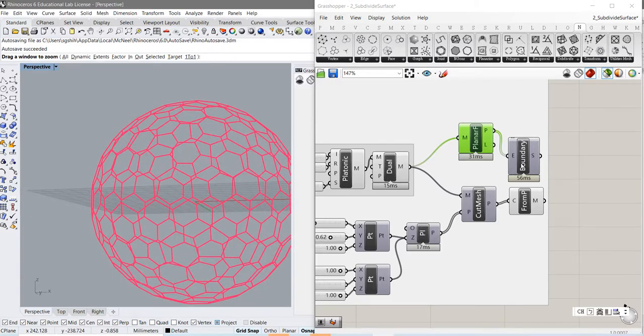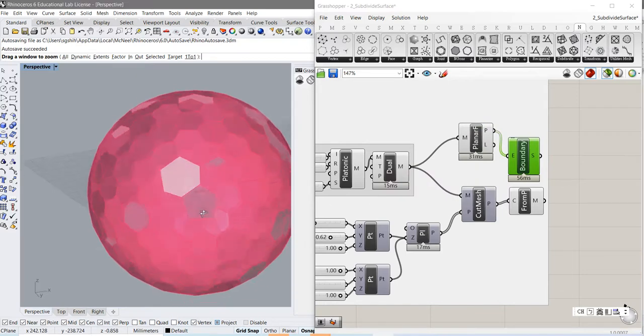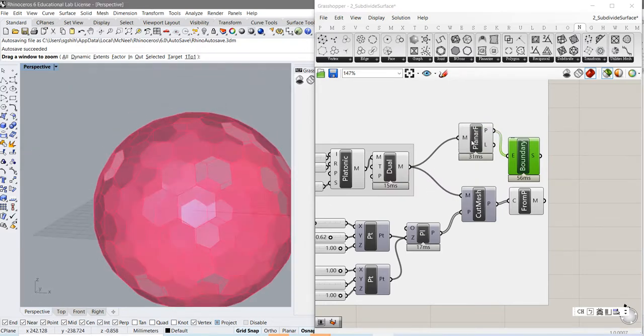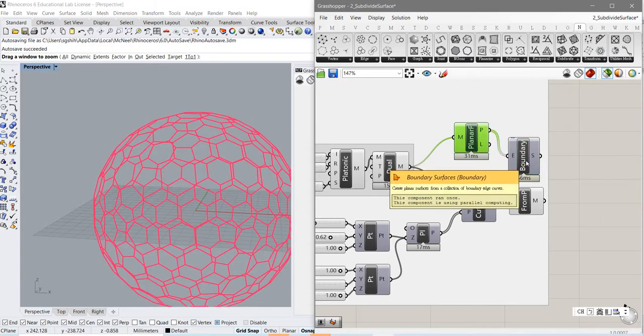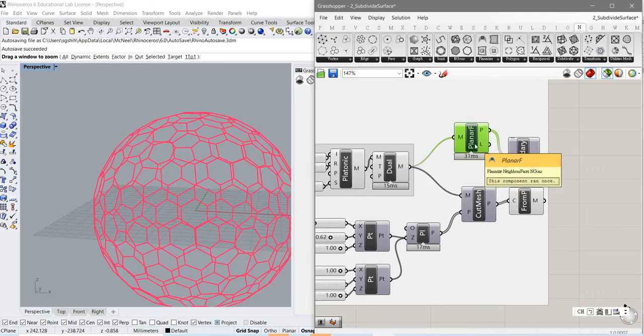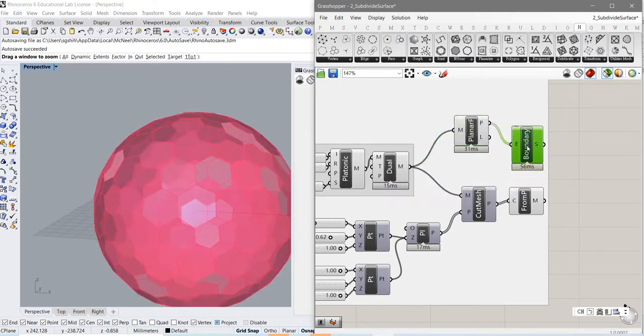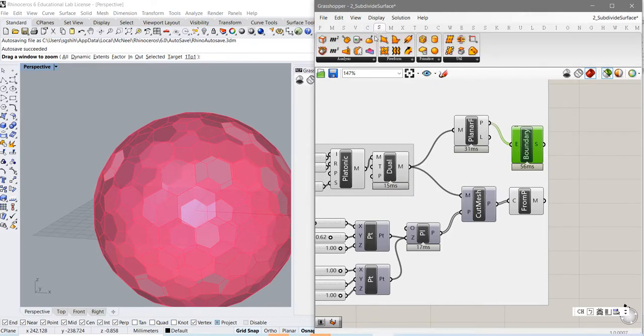Okay, and you find the boundary surface of it. Okay, if you understand how this component works, you will know that if you have non-planar polylines, you won't get any output using this component. This is a regular, I mean, this is from the Grasshopper surface.